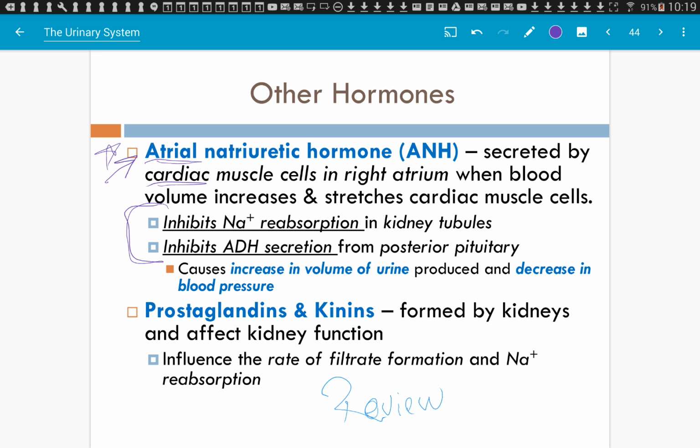If we get rid of some of that extra fluid, that will decrease our blood pressure, and the heart will not be stretching as much. I'm not too worried about prostaglandins and kinins, but atrial natriuretic hormone you definitely need to remember and be familiar with.